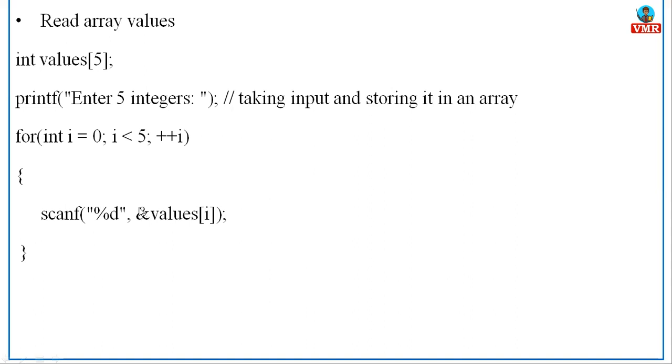That is the representation of your ampersand, nothing but address of values[i]. When my i value is 0, the first value will go into index 0. Again, you come and increment your i value, it becomes 1. Whatever element you enter, that will go into the first position. In that way, you will read the 5 elements. So here we are simply declaring an array, asking the user to enter those number of integers, and keeping that in the for loop.